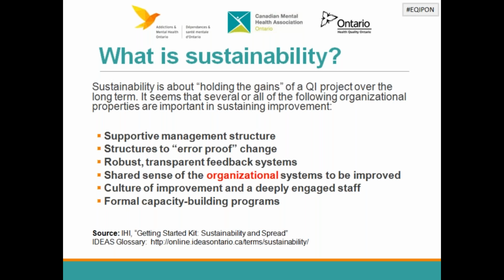Structures to error-proof change, and we'll talk about that, but trying to make it as easy as possible for folks to adopt a new change that we've made. So if we're changing a form, changing a system, trying to make it easy for folks to do the right thing and not revert back to old ways. I know Debbie speaks to, and I like the example, if you change it to a new form, get rid of all of the old ones, make sure they're all deleted.